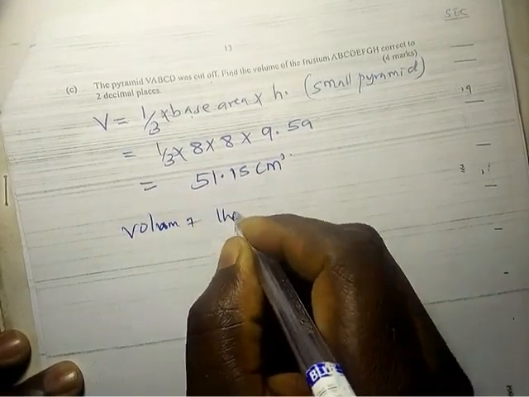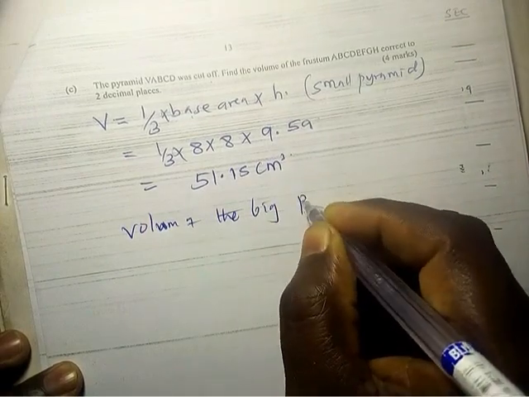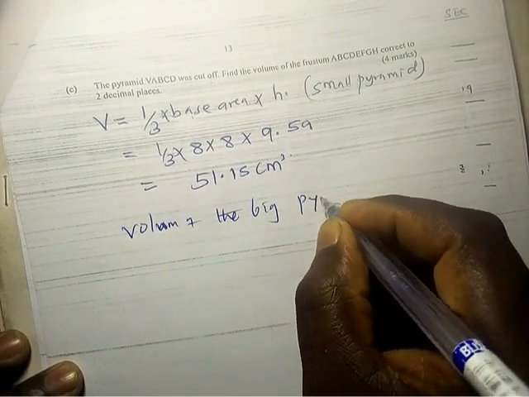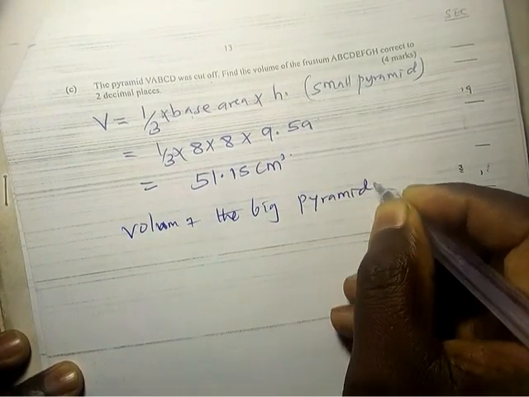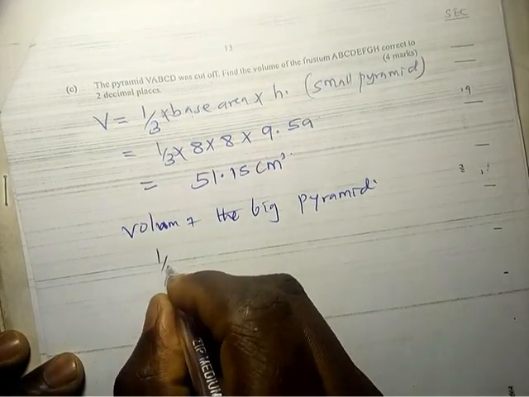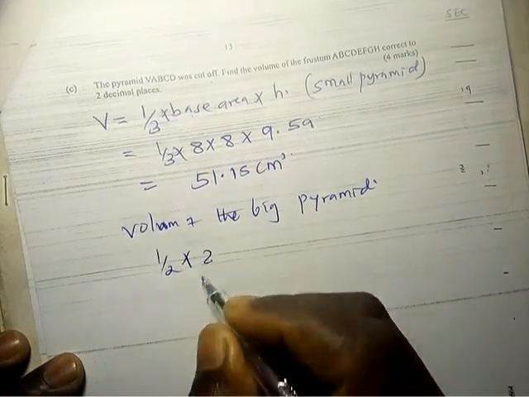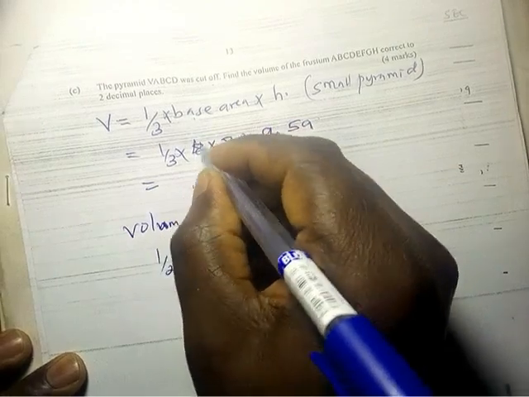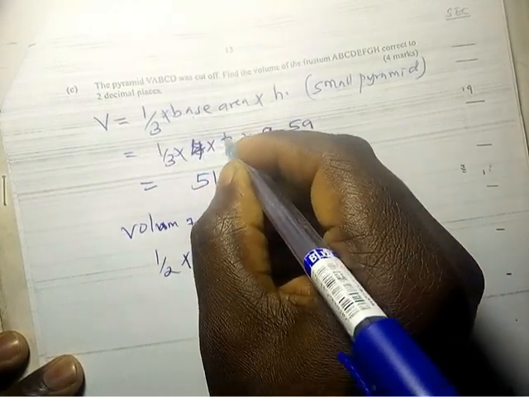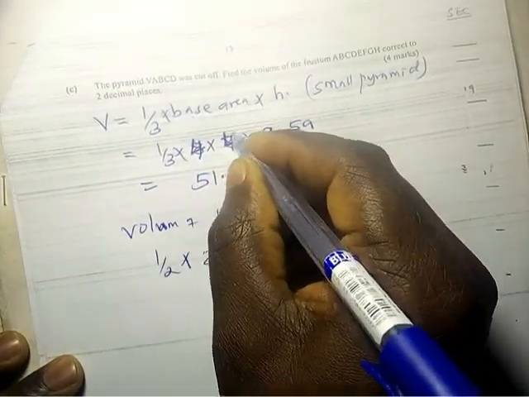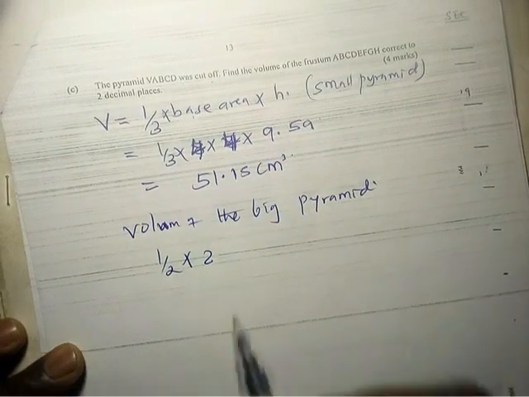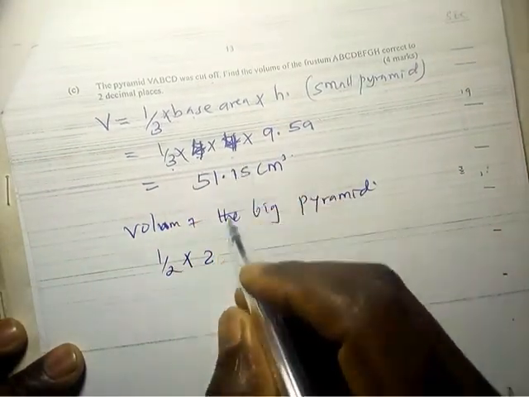Now the volume of the big pyramid, which is going to be 1/3 times base. Oh sorry, the smaller was 4 times 4.